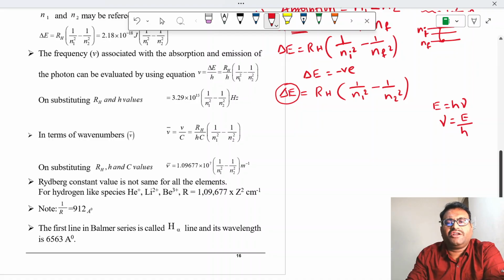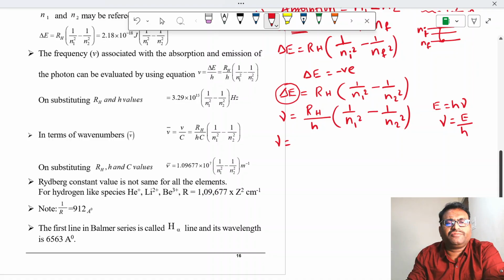If I want nu, then what can I write? Nu is equal to energy by Planck's constant. So energy is this formula, right? So RH by h into 1 by N1 square minus 1 by N2 square. On calculating it, you get nu is equal to 3.29 into 10 power 15 into 1 by N1 square minus 1 by N2 square.